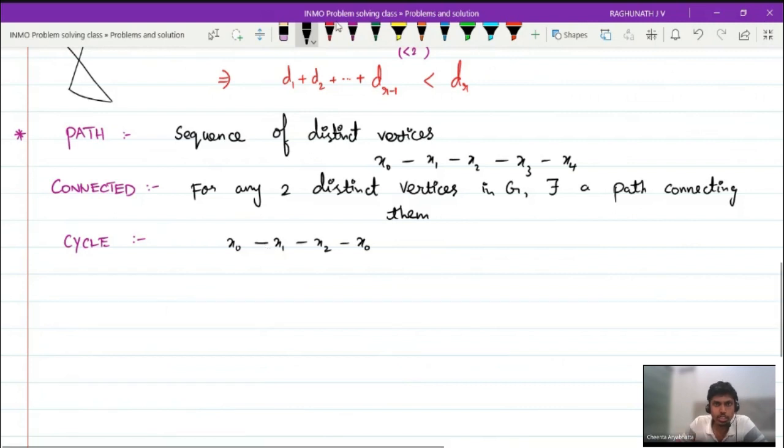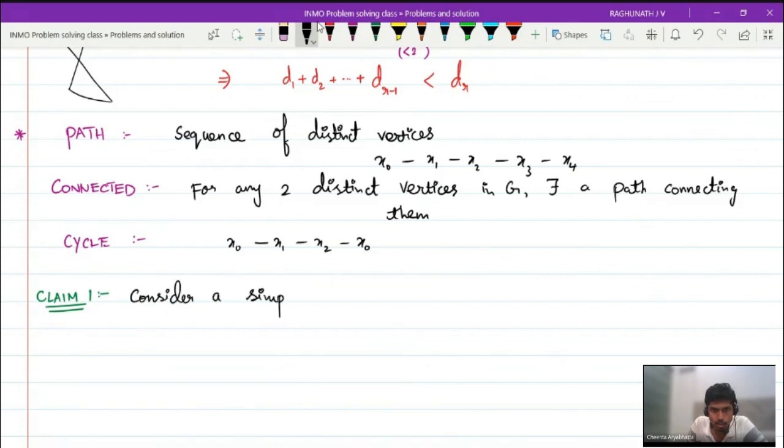With these definitions, we will do some claims and try to get onto that. So the first claim is: consider a simple graph G with m vertices, where m is a natural number. I will write the claim, then we will discuss a proof shortly.